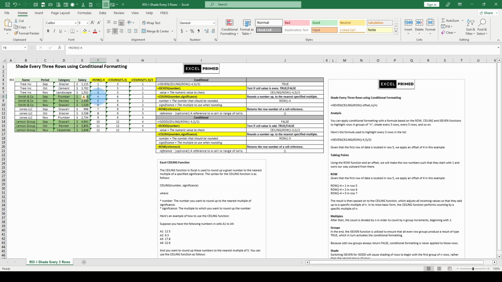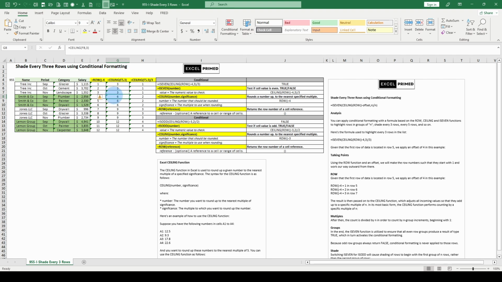Go down. What's the significance? Row 7 minus 4 is 3. Here, F8 is going to be 4. Our significance is 3. 3 divided by 3 is equal. So now 4 divided by 3 is going to be 1 point something, but we have to round up.